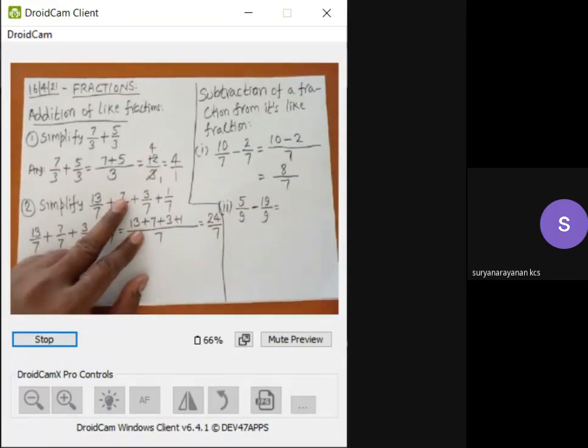Five by 9 minus 19 by 9. Can you solve this one, Princeton? Can you simplify these two numbers?